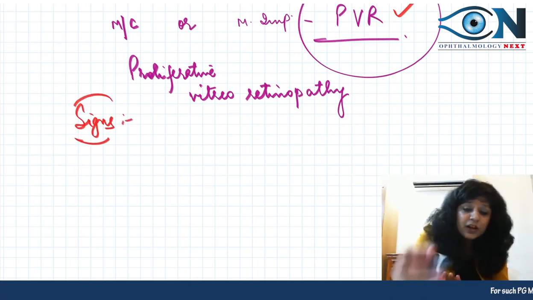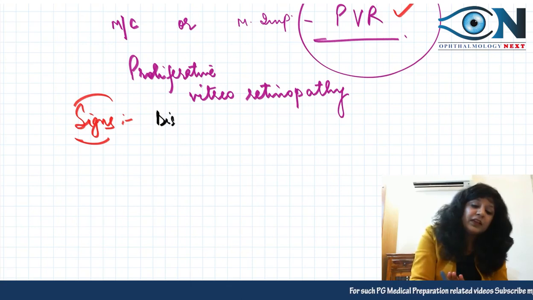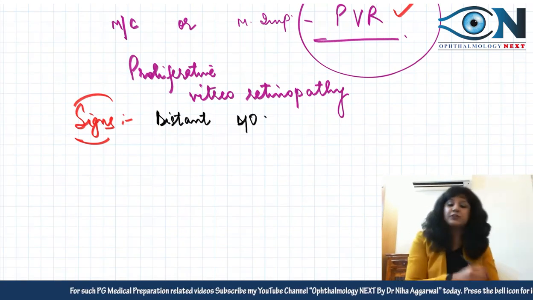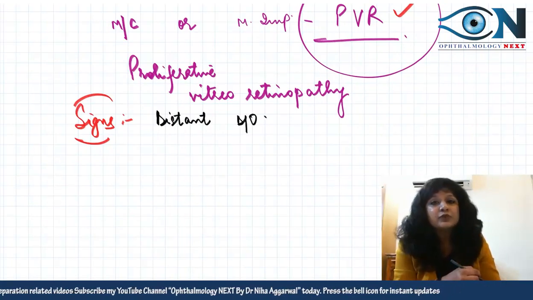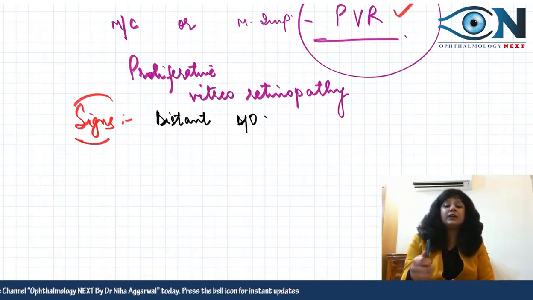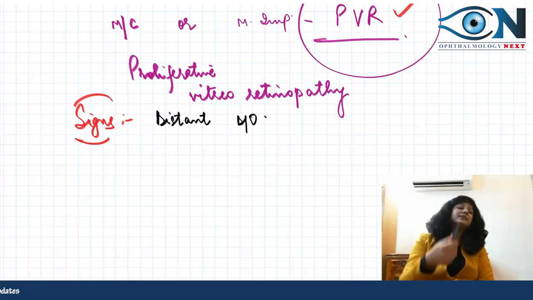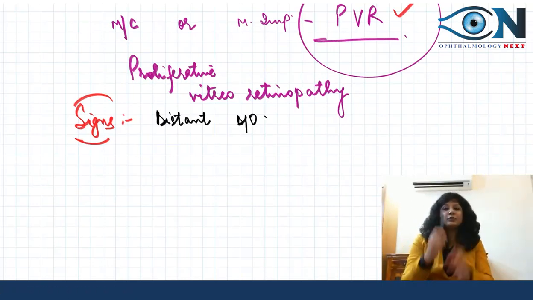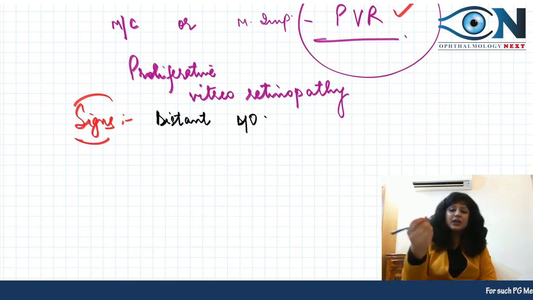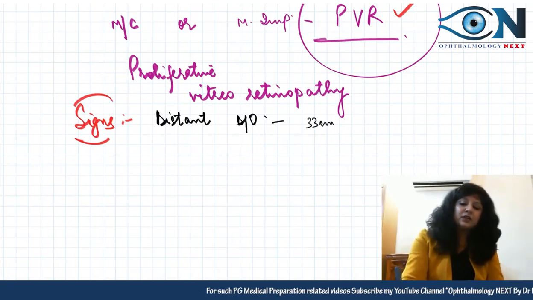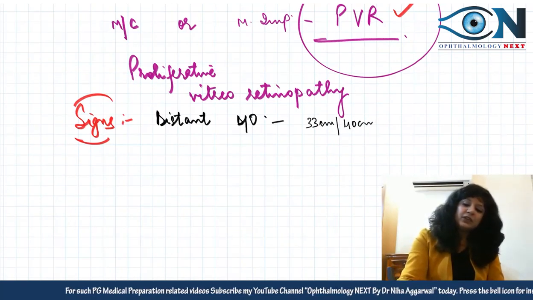So first of all, I can start with distant direct ophthalmoscopy. Now first of all, what is distant direct ophthalmoscopy? I think in the future we'll be doing only distant direct and indirect, because they are done at a distance. So distant direct ophthalmoscopy means when I am doing direct ophthalmoscopy from a distance. Now there are different criteria, like some people say 33 centimeters or some say 40 centimeters.